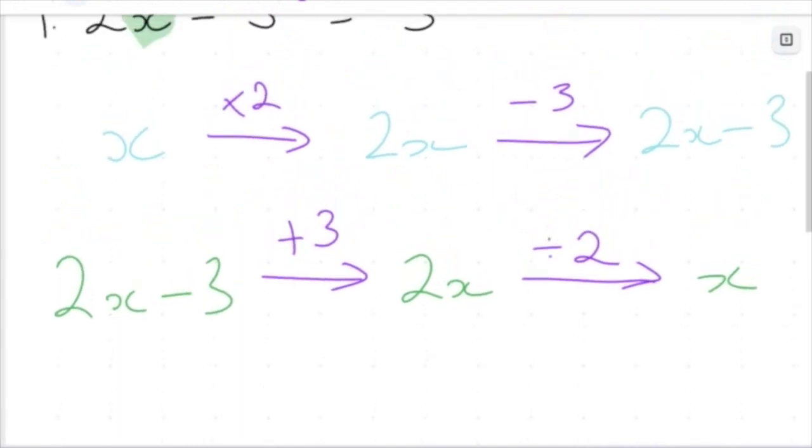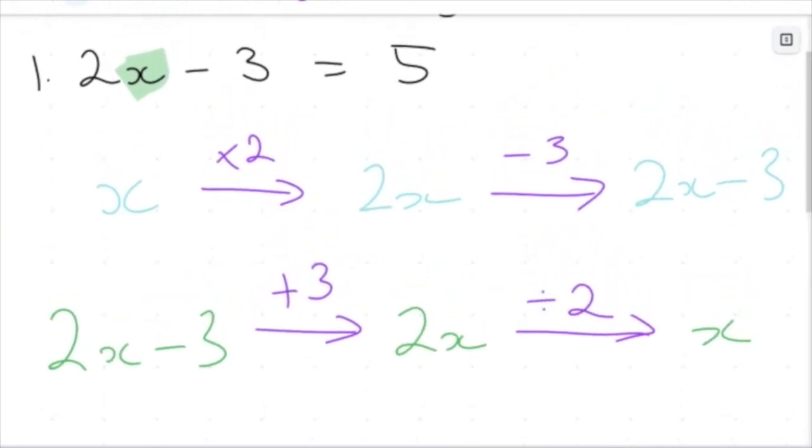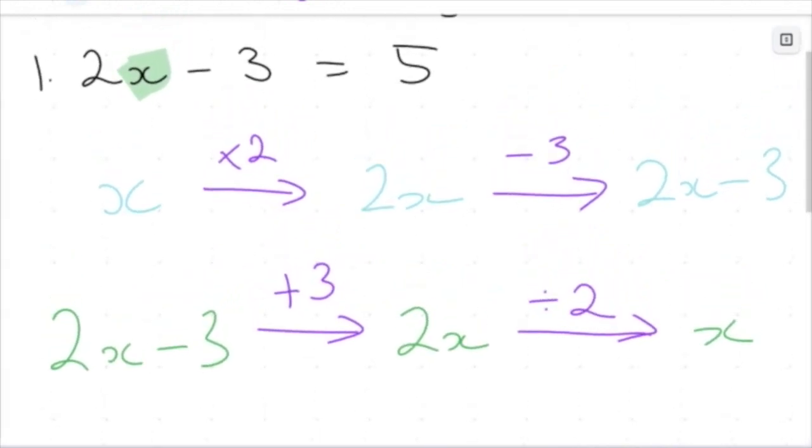So you can see when we look at the bigger picture here, to build up this left-hand side, we did the following process in this first line of working. So therefore, to undo this, to slowly peel back the layers to get us to x, we're going to be taking the operations and doing the opposite.